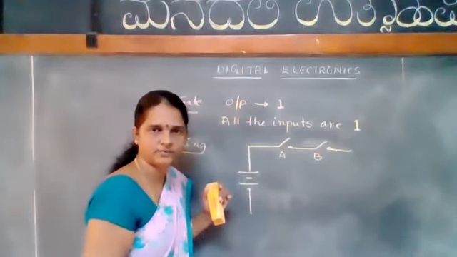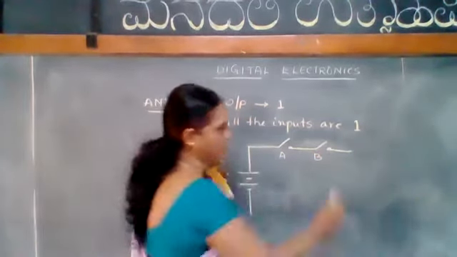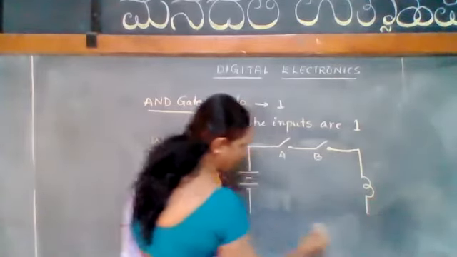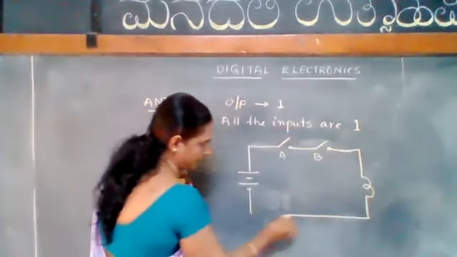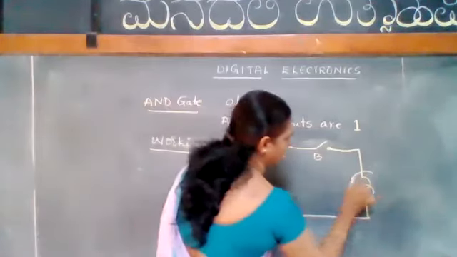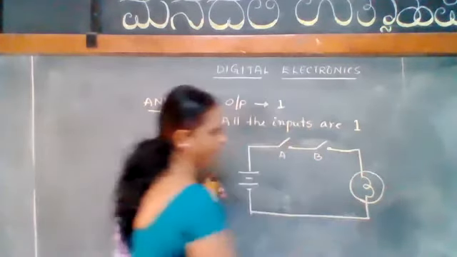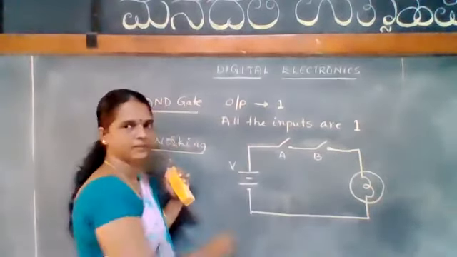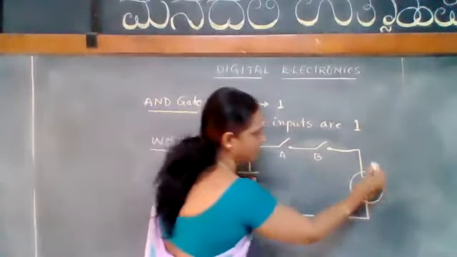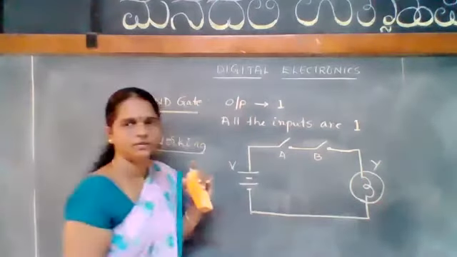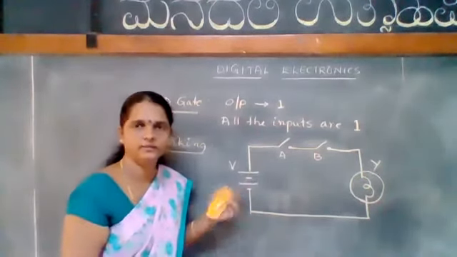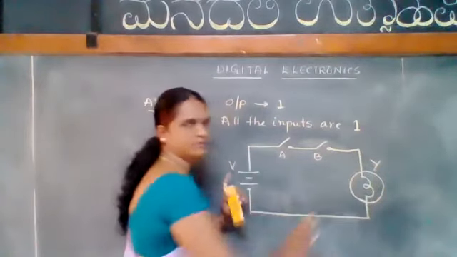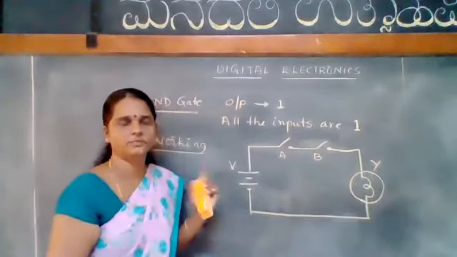Name the two switches A and B, and they are in series with one lamp. So we have a source, two switches connected in series, and an output. To indicate the output, we have taken the bulb, which is denoted as Y.